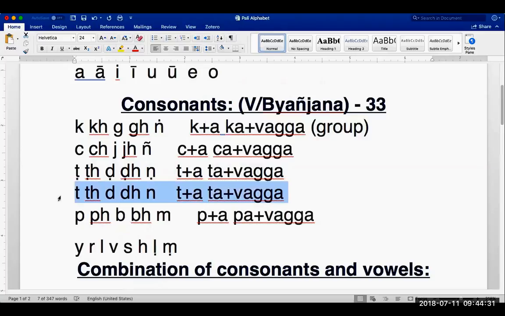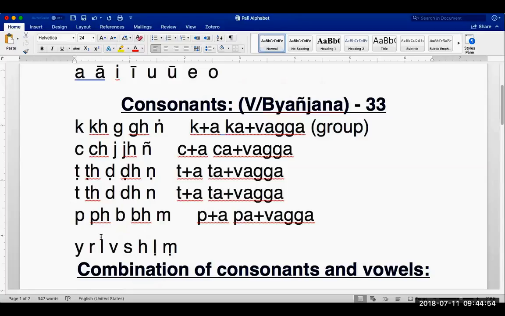They are called dental. Dental means we use our tongue and teeth to pronounce these letters. Ta, th, da, dh, n. It's the tip of the tongue touching the teeth inside. Ta, th, da, dh, n.